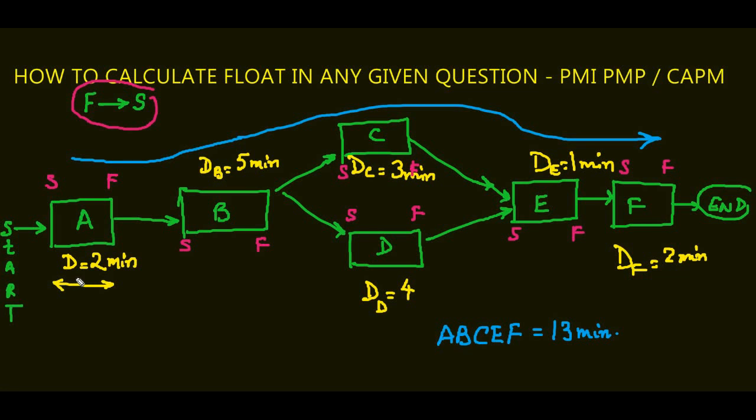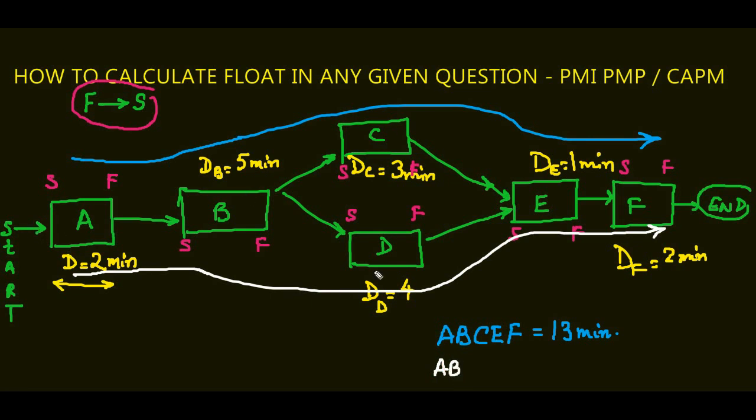Second path: A, B, D, E, F. So 2, 7, 11, 12, 14.